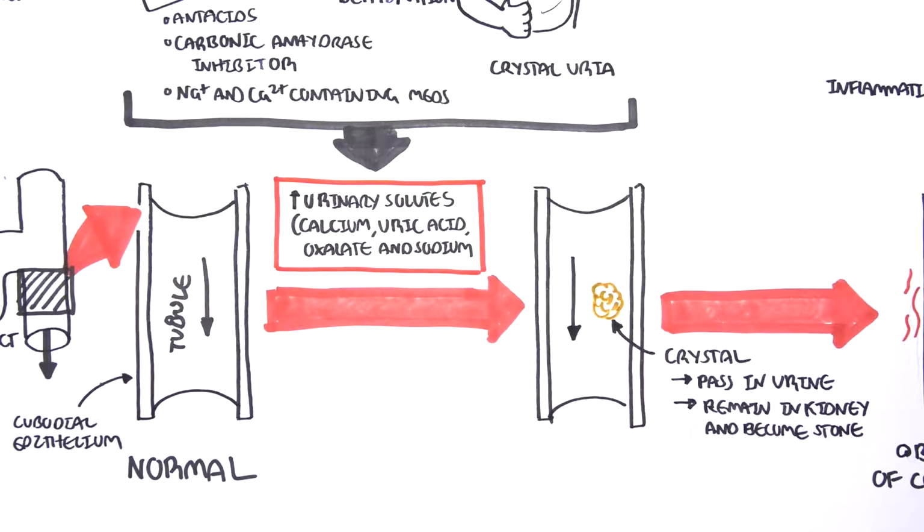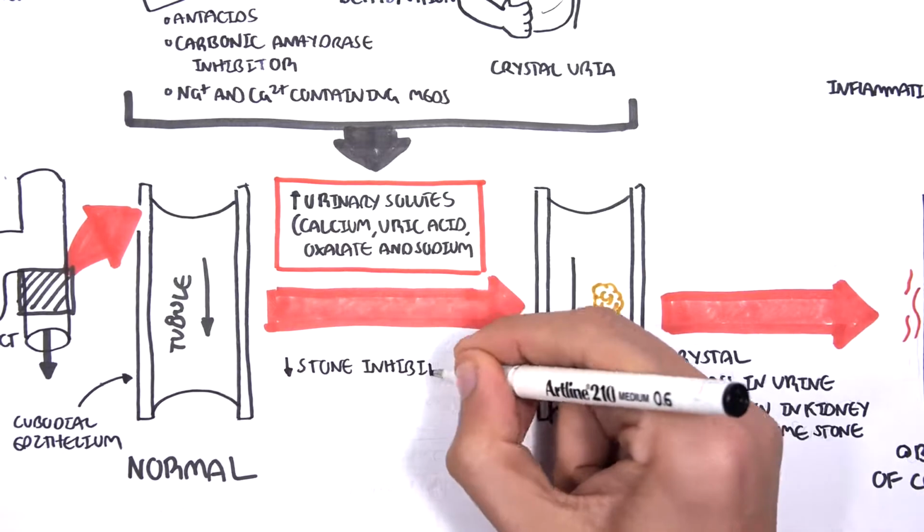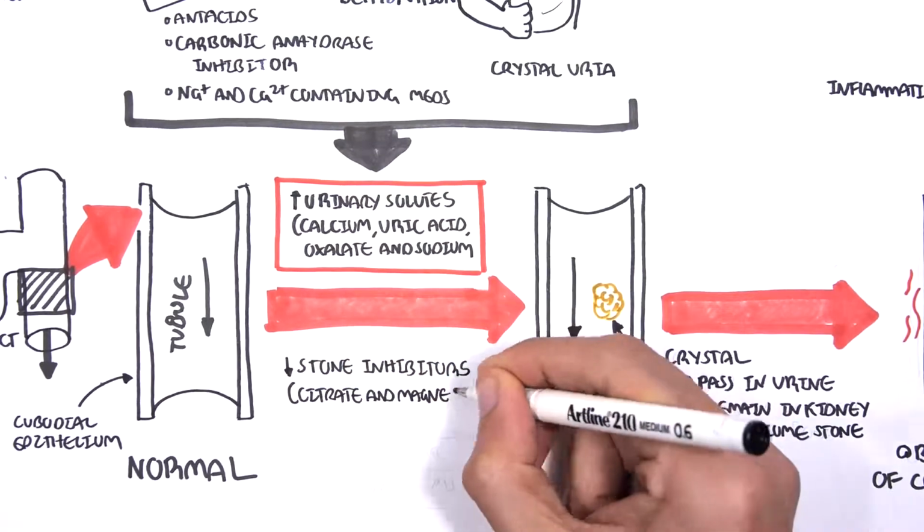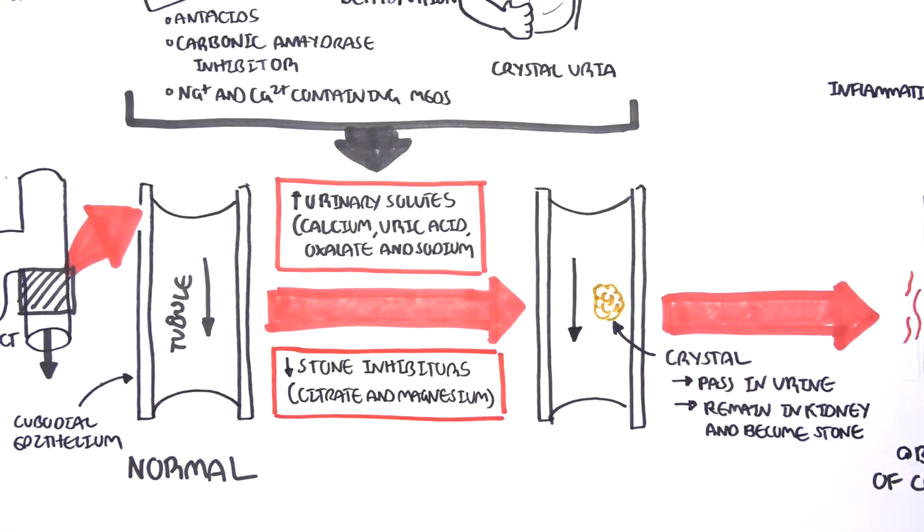Some of these risk factors will also decrease the stone forming inhibitors, which include citrate and magnesium. The increase in urinary solutes and the decrease in urinary stone inhibitors causes urine supersaturation, leading to urinary crystal formation or urinary stone formation.